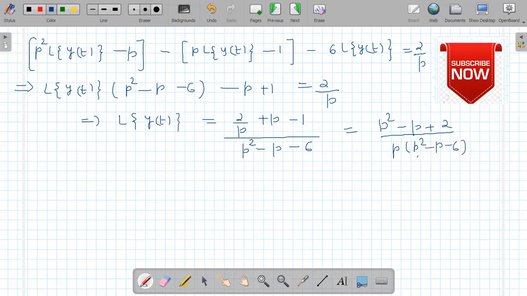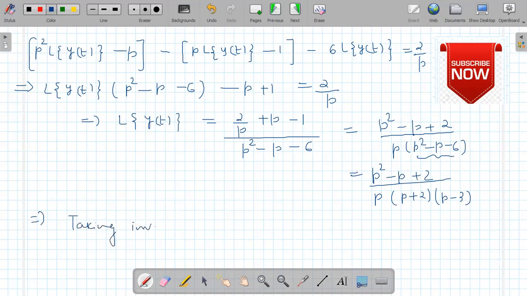You can factorize it. So when you do the factors, you will have p square minus p plus 2 over p into p plus 2 into p minus 3. This is the value of L of y(t). Now at this stage, we'll take the Laplace inverse. Taking inverse Laplace transform, mark this as equation number 2.